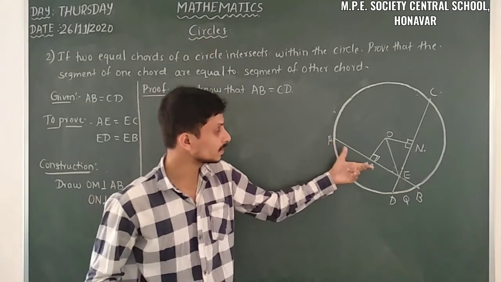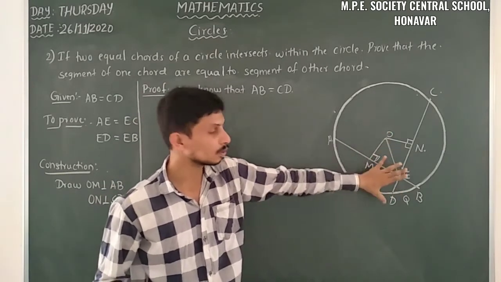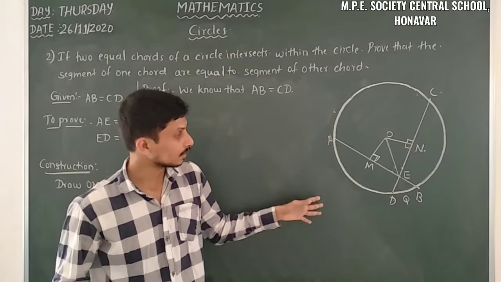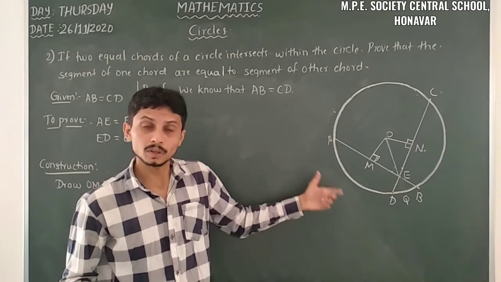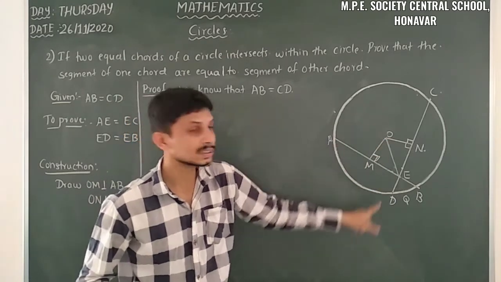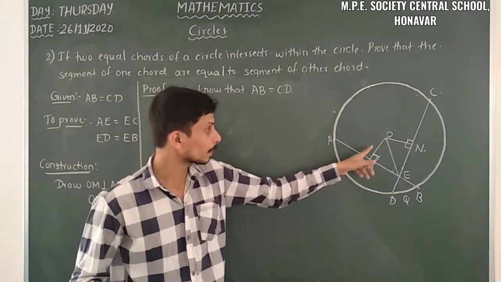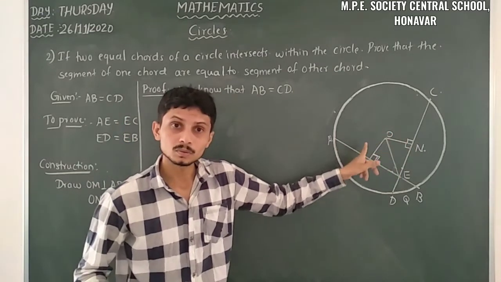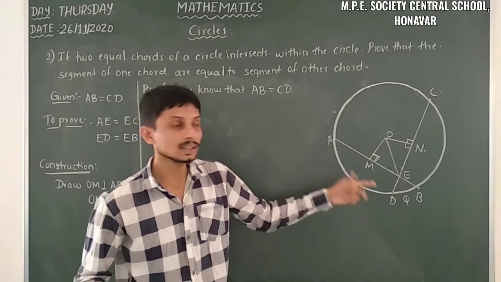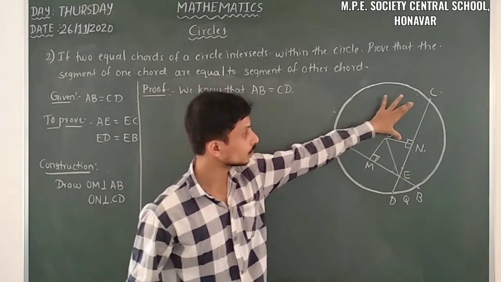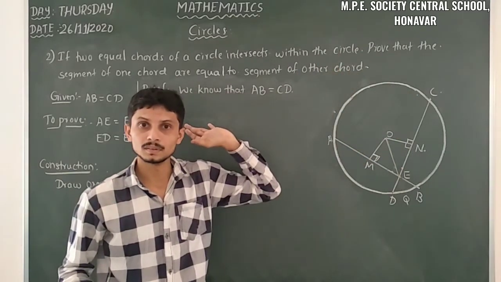That means AM is equal to MB and CN is equal to ND. Along with that, we already know that AB is equal to CD, so when we have a perpendicular bisector to AB and CD, AM is also equal to CN.